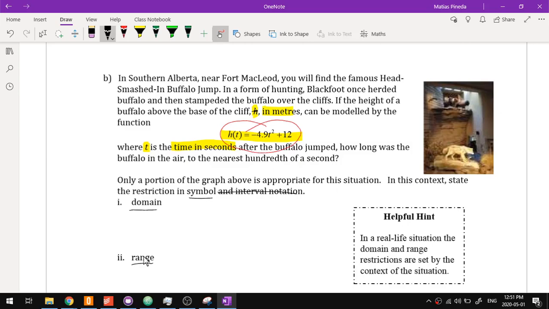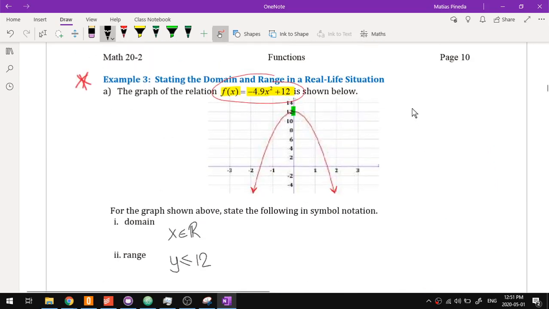So let's go back to this graph we have up here. I'm going to relabel this. With the buffaloes, on the x-axis, we have t for time, and it's in seconds. And on the y-axis, I'm going to call it h of t.